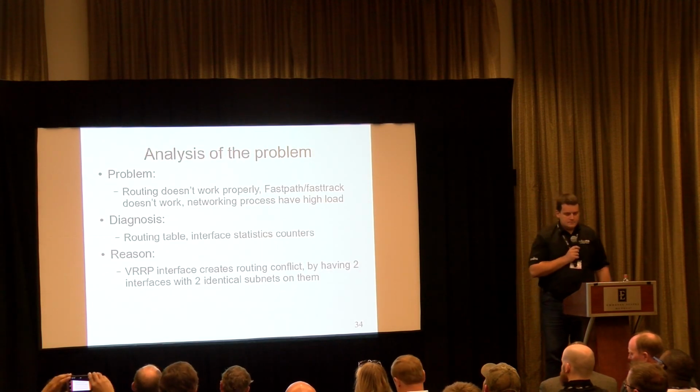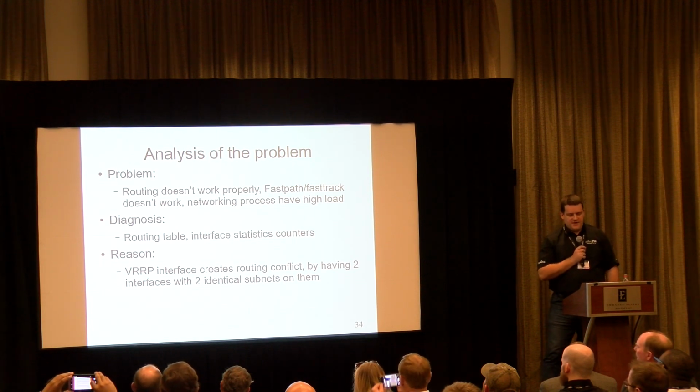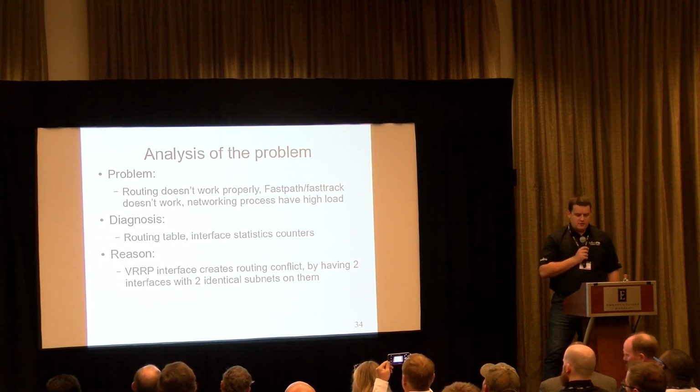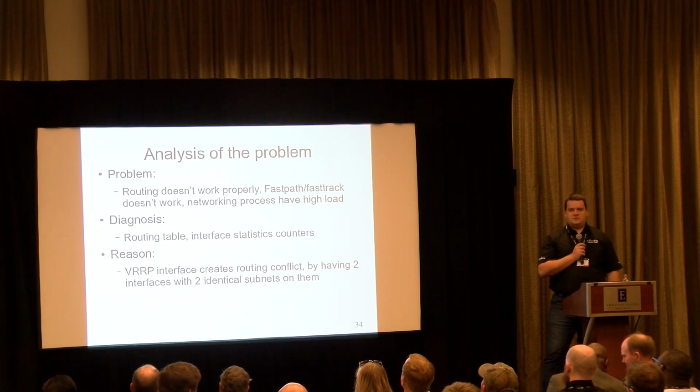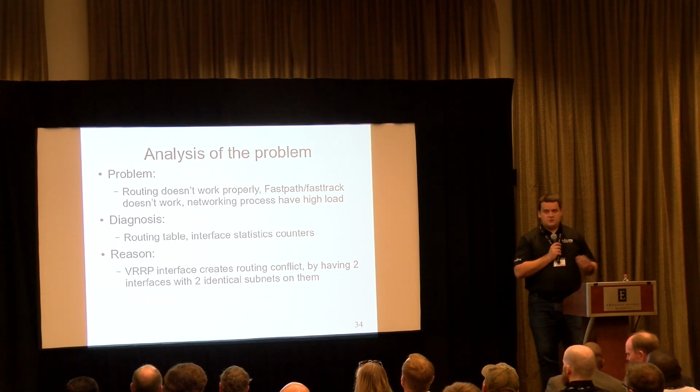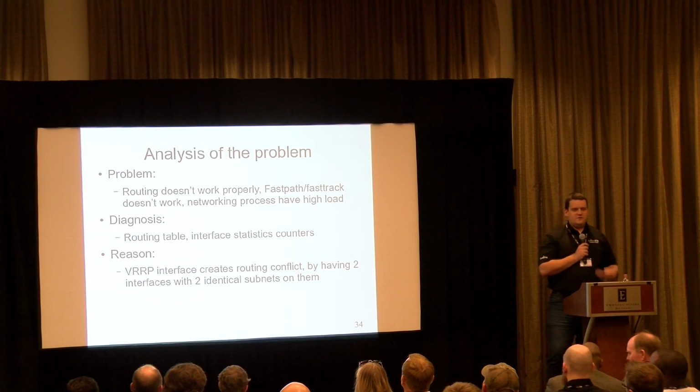Problem: routing doesn't work properly, FastPath and FastTrack don't work, and the networking process has a high load. If you diagnose and take a look at the routing table, you will see that you have two interfaces in the same identical subnet, and routing is choosing one of them to route the traffic. One is a good interface, which has a driver, FastPath support, and so on.